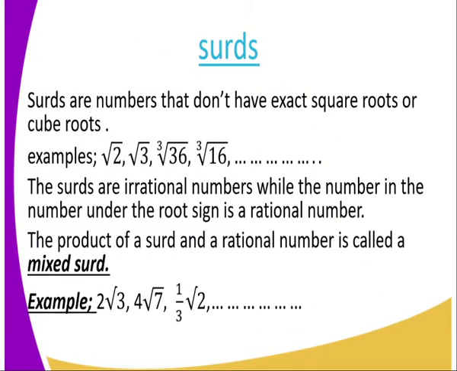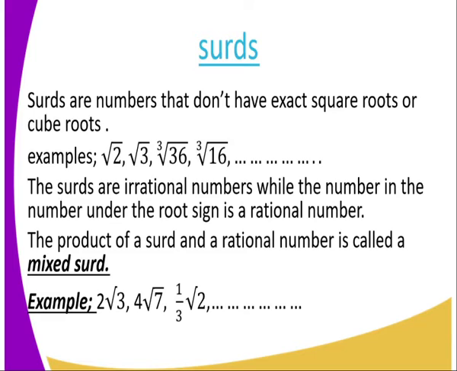Surds are numbers that don't have exact square roots or cube roots. For example, we have surd 2, surd 3, the cube root of 36, cube root of 16. So we don't have an exact square root.